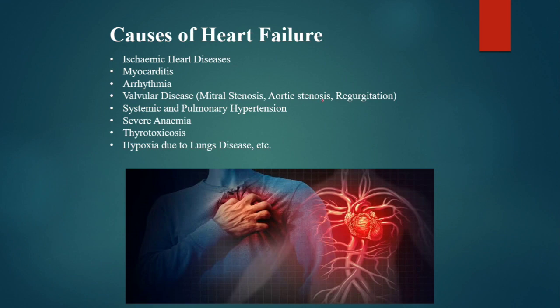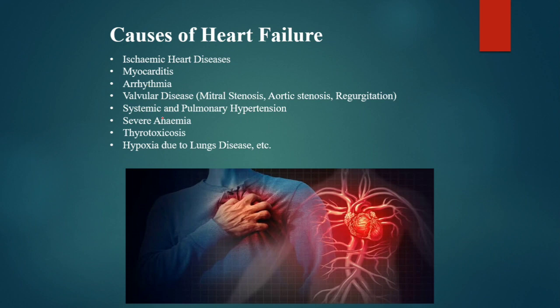And there is mitral valve regurgitation. In this condition, the valve does not close properly, so blood can flow backward, and it can collect in the atrium. So these are some technical terms which should be remembered when we discuss valvular disease.